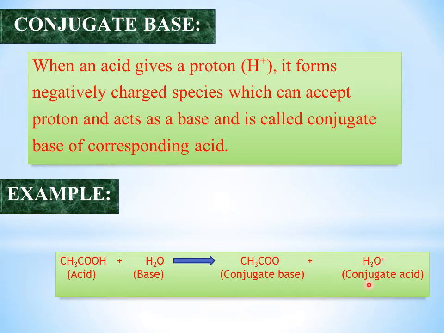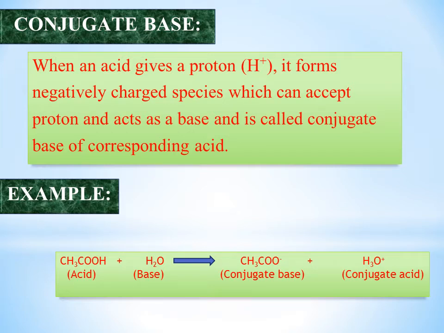So this will become the conjugate acid. And when the proton is removed from acetic acid, it becomes a negatively charged species, or we can say the conjugate base of the corresponding acid.